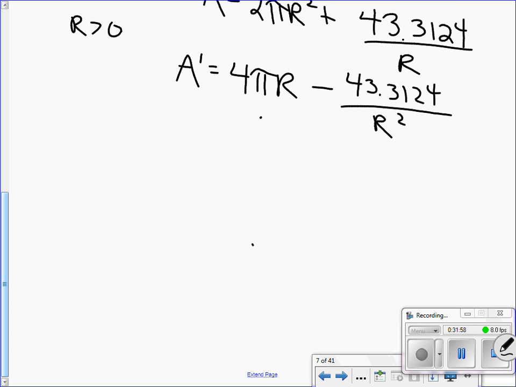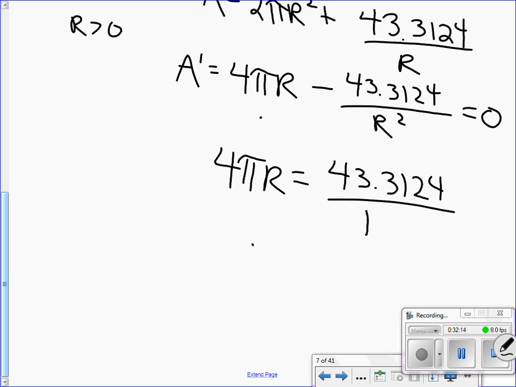And we already know that r can't be 0. So we set our derivative equal to 0. We bring the negative term over to the other side. So we have 4 pi r equals positive 43.3124 over r squared.